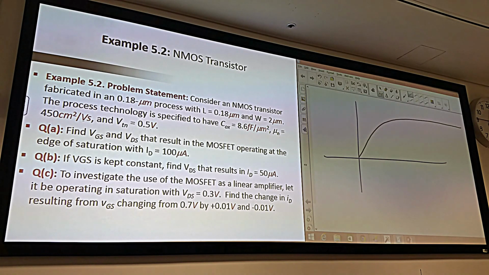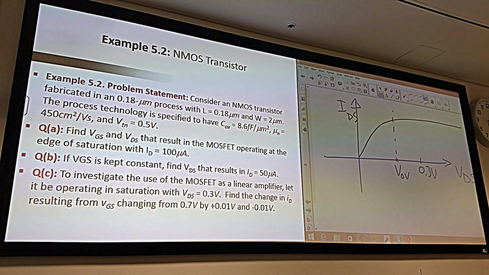This is ID or IDS, and this is VDS. Let's say the overdrive is here, so that's the boundary between the triode and saturation. And we are in saturation, and VDS was here, for example. This value of VDS is equal to 0.3 volt, let's say that.